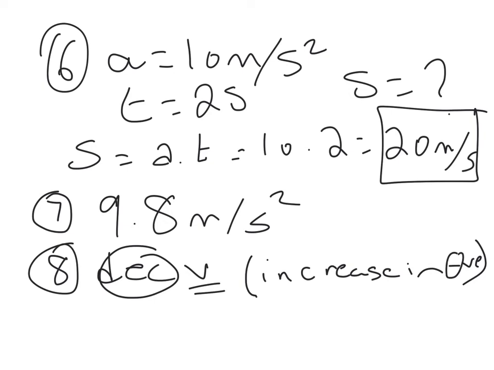I'm decreasing in the positive direction and increasing in the negative direction, right? So it slows you down. You are going towards a number very fast. But which number? Negative number.